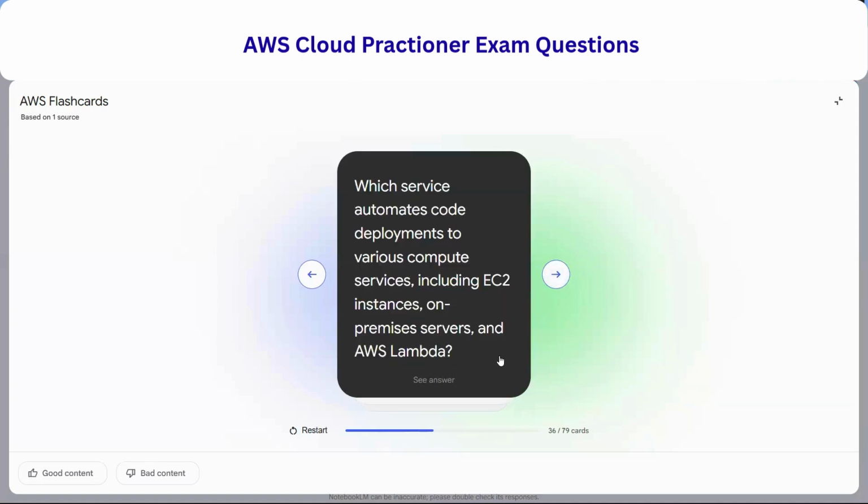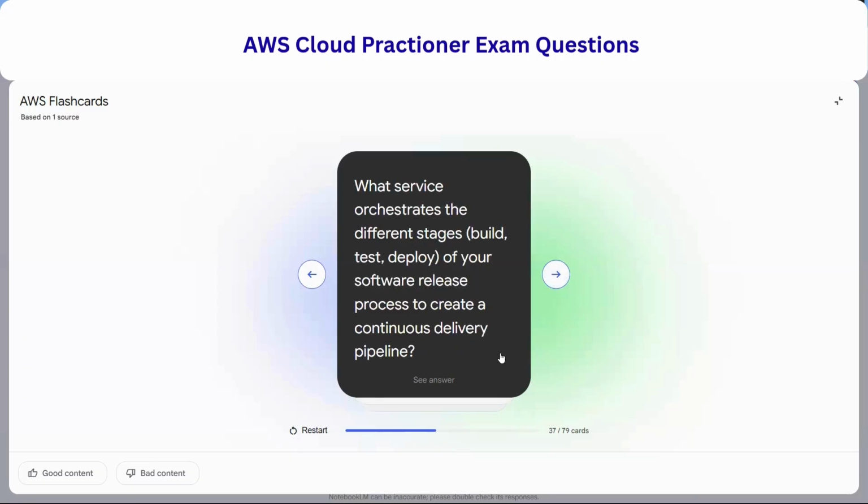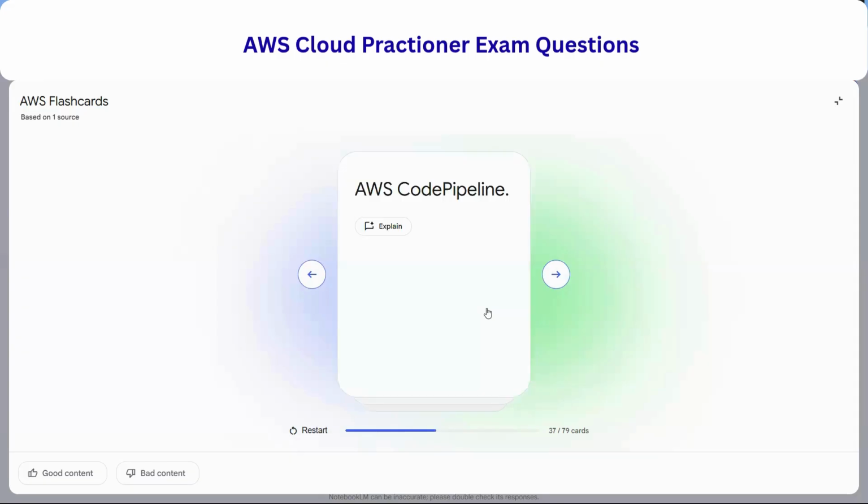Which service automates code deployments to various compute services, including EC2 instances, on-premises servers, and AWS Lambda? AWS CodeDeploy. What service orchestrates the different stages, build, test, deploy, of your software release process to create a continuous delivery pipeline? AWS CodePipeline.